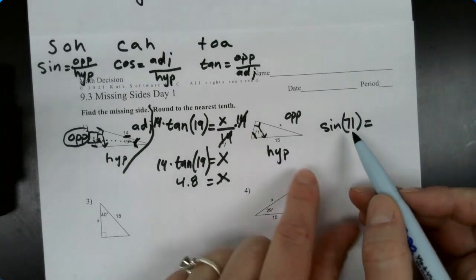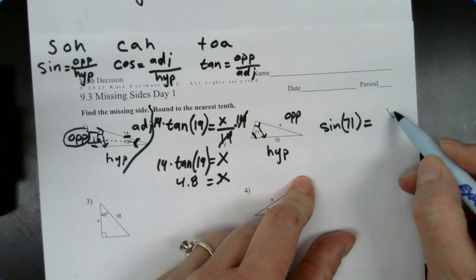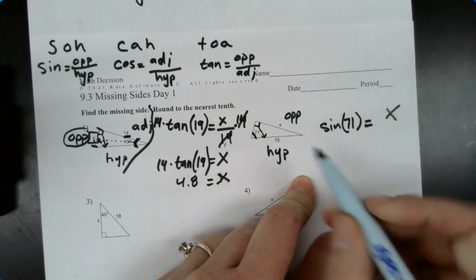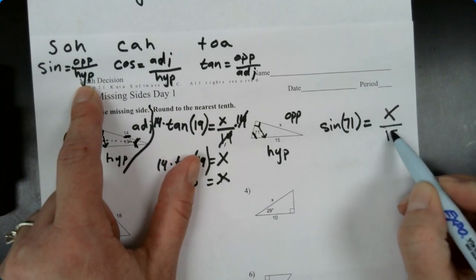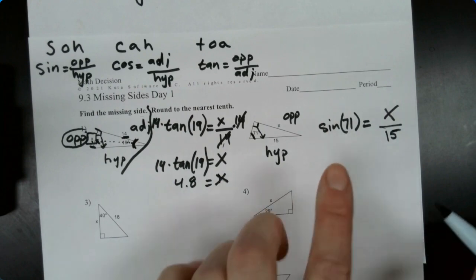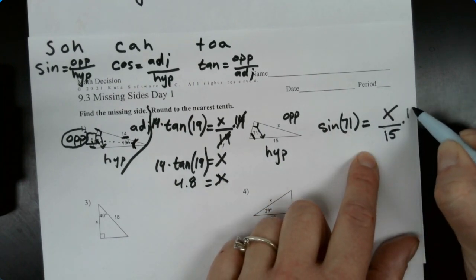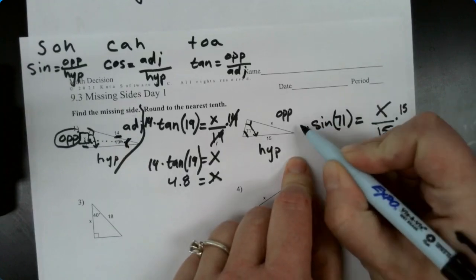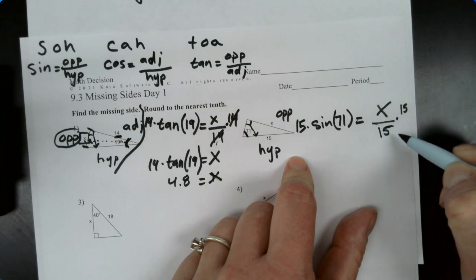Okay, so sine tells us we need the opposite side, which is x. We also need the hypotenuse, which is 15. So we're going to do the same pattern. If x is on the top, we're going to multiply by 15 on both sides, just like we did before, because we were looking for x. So then 15 on the top, 15 on the bottom.